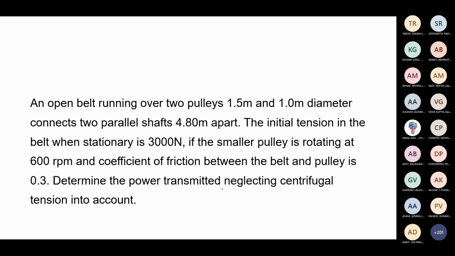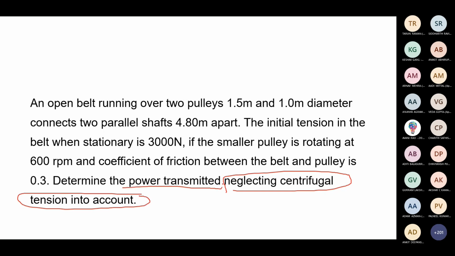In calculating the power transmitted, centrifugal tension we haven't calculated at all. So use the normal power transmitted equation. There's no change to the power transmitted equation.